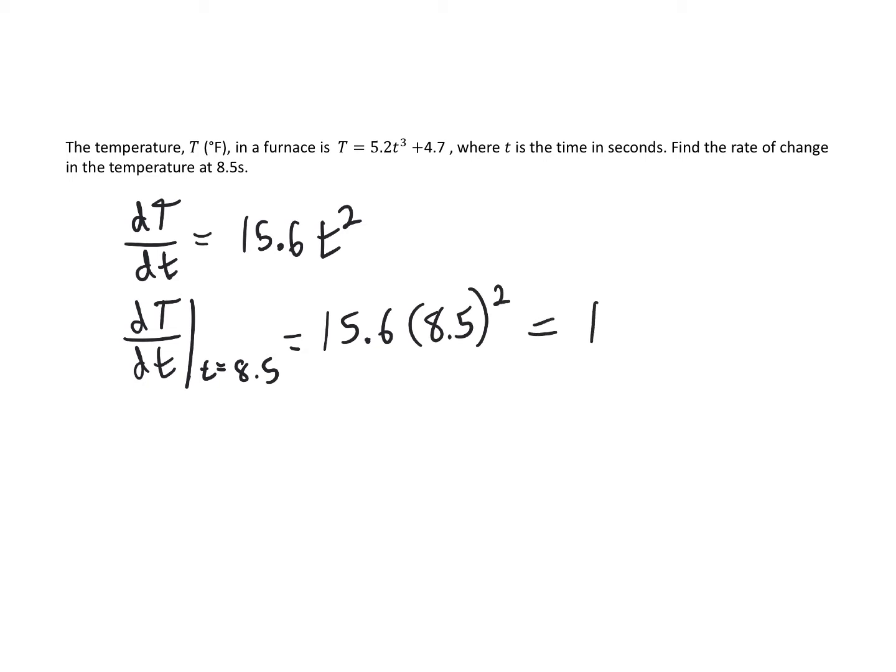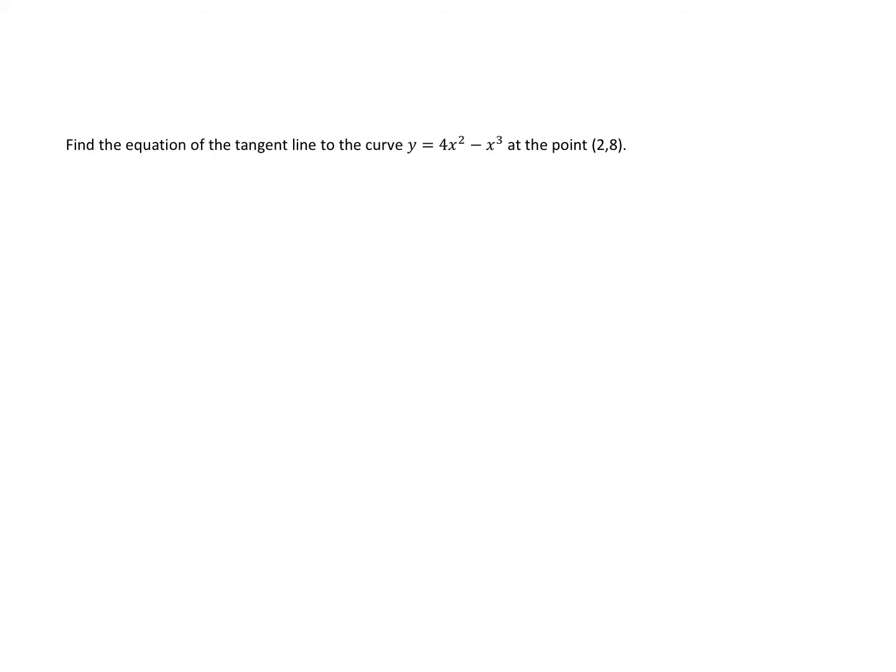Which gives us degrees Fahrenheit per second. Now this one we're given an equation and we want to find the tangent line to that curve at the point 2, 8. So we take our derivative, which is 8x minus 3x squared.